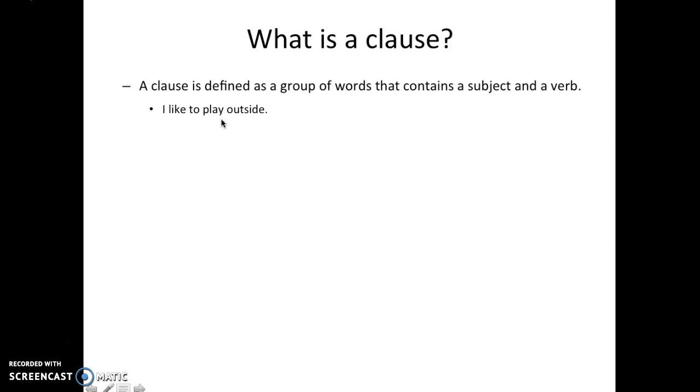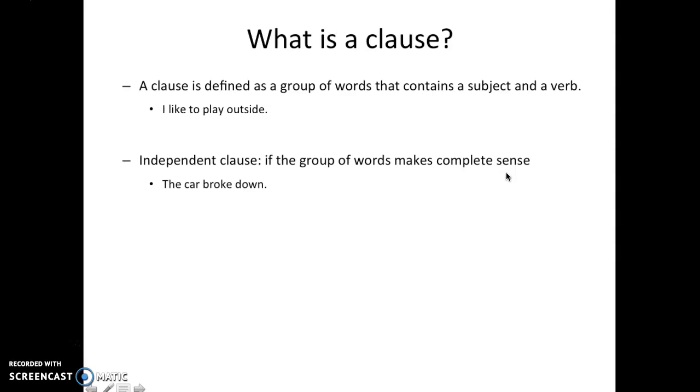In this class, we're going to focus on two types of clause. Okay, there's one that is called an independent clause, if the group of words makes complete sense. So if you have a normal sentence like this, the car broke down, this is an independent clause.